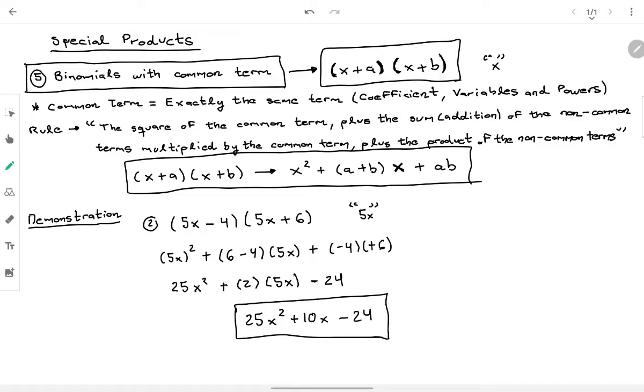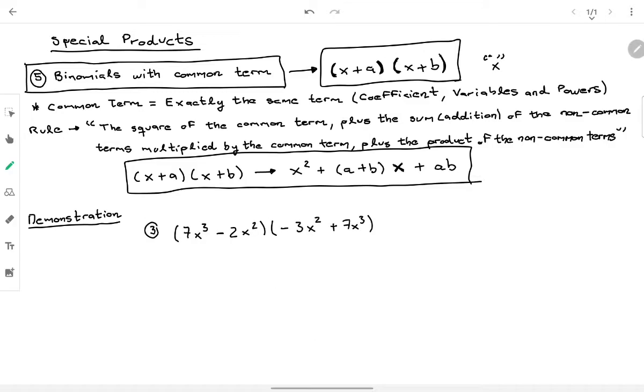So as we saw, it's only applying the rule: the common term squared plus the addition of the non-common terms multiplied by the common term plus the multiplication of the non-common terms. So let's see another example. In this case, it's going to be very similar. Remember, we can order it at the beginning, but we can also do it without ordering. In this case, the common term is 7x cubed.